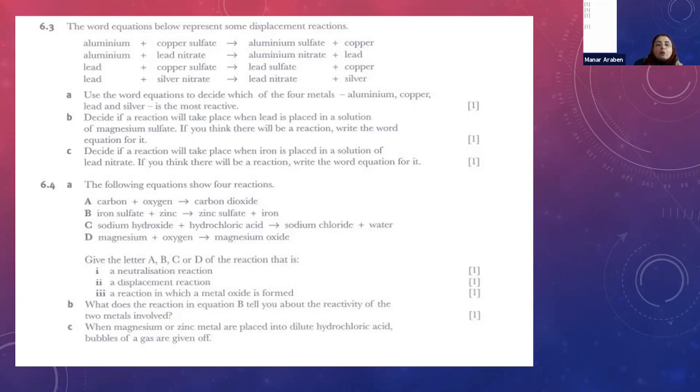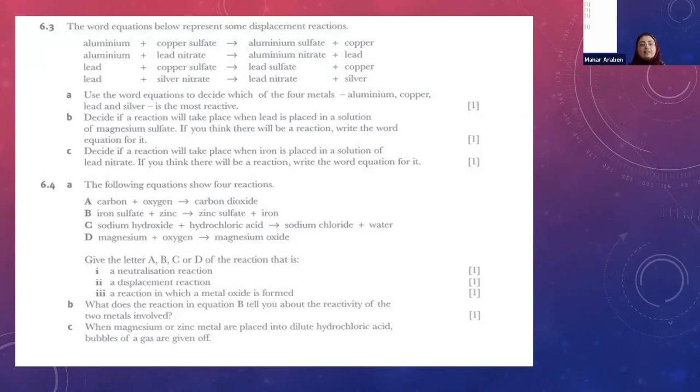Which one is most reactive? Jana, do you understand the question? Yeah, miss, I understand. I got the answer already. Okay.